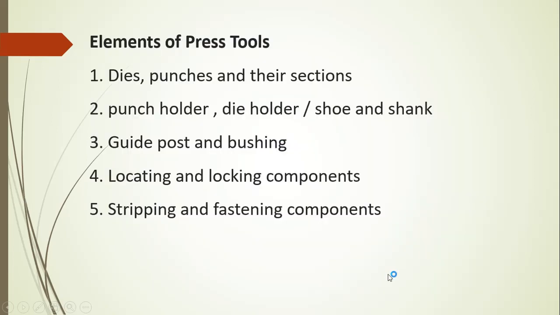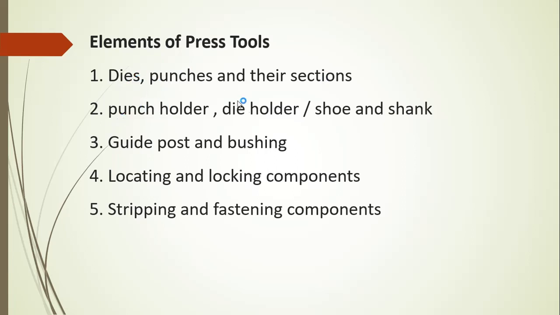The next part is the different elements used to design any press assembly. Very important are the dies and punches and their sections. To support the punches, the punch holder is there.